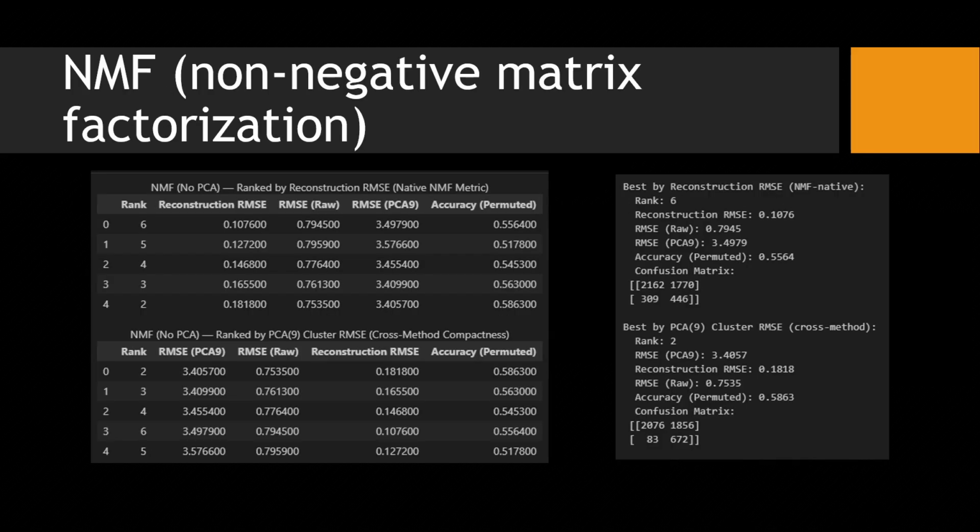Then I moved on to NMF, and it's well suited to the asteroid data because the physical qualities measured in this data are non-negative and can combine additively. Looking at the reconstruction RMSE, which is using the original factors before PCA, the error decreased with rank as expected.